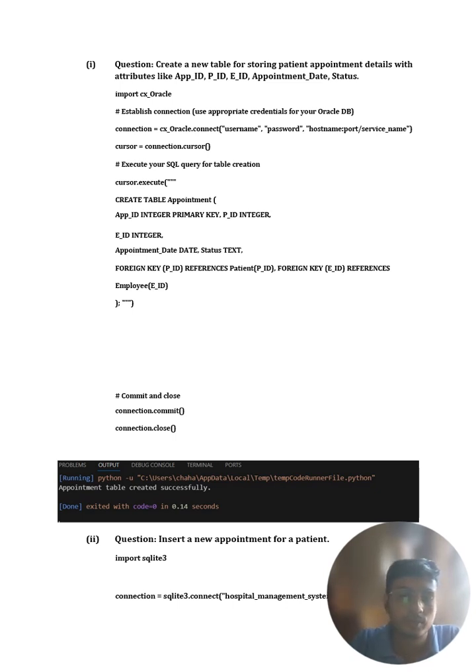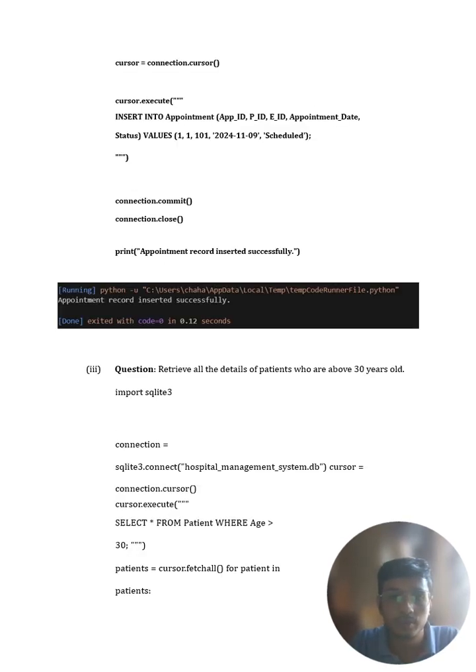Then we will move to the second question, to insert a new record for a patient. I've created an appointment table. Now I am inserting a new appointment for a patient. If there is a patient and he wants an appointment, I will create a new appointment for him.